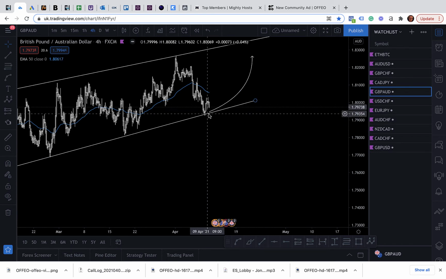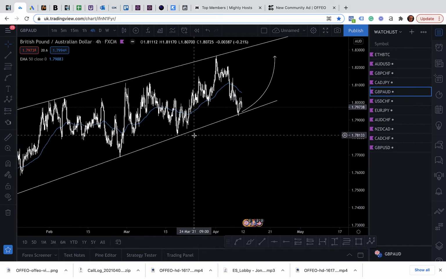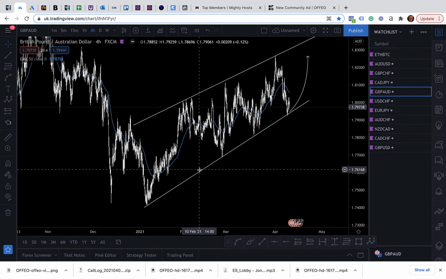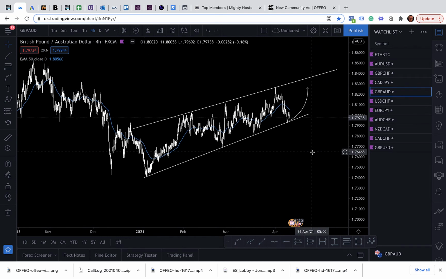So we need to be thinking about that when we are going to make a move on a position, whether it be a buy or a sell. Right now we'd be looking for buys back up to the top of this region here at 1.82520. But we have to bear in mind that this is not going to hold forever. Something's going to break, and we need to be willing to capitalise on it and know all the outcomes that could potentially happen. We also want to do a little bit of fundamental analysis and see what current state the pound is in, what current state the Aussie is in, and know the correlation between the two.